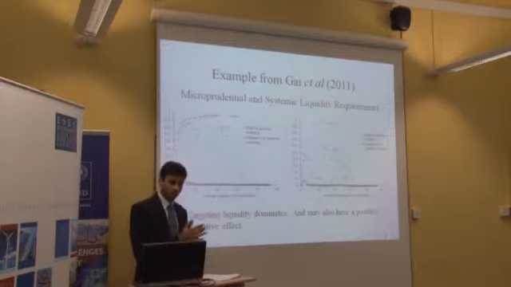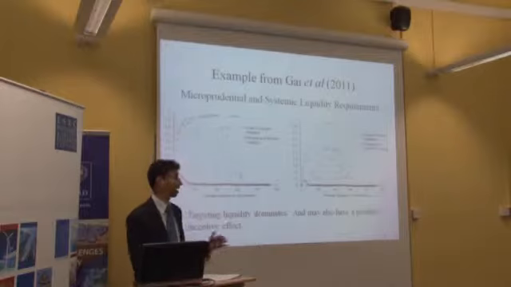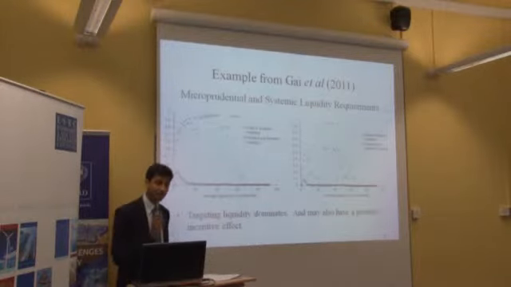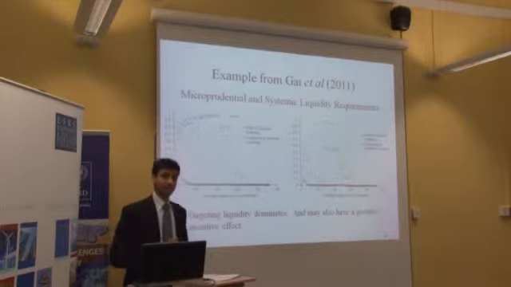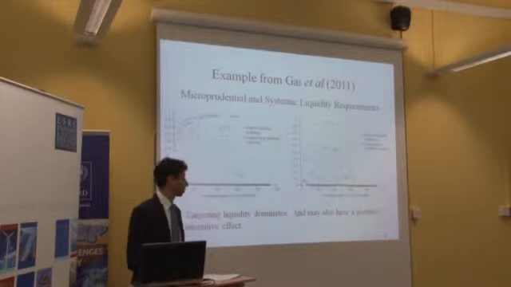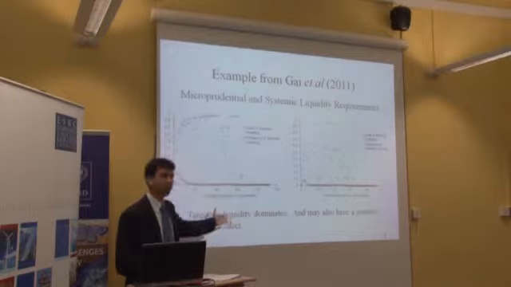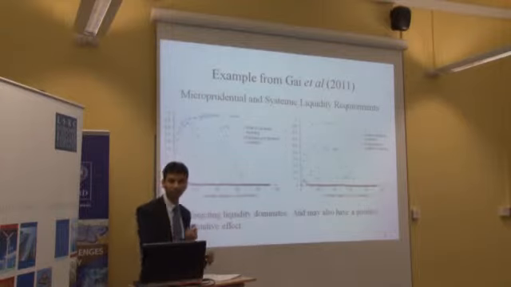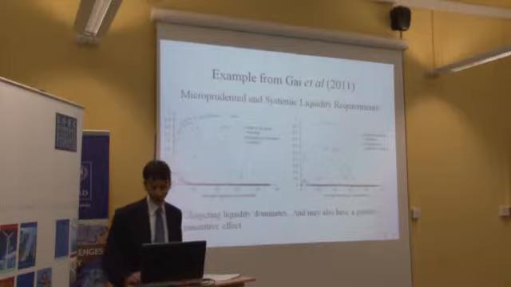Otherwise, it's the same amount of liquidity going to the system, but it's targeted. So again, this is like the targeted vaccination idea. Targeted liquidity dominates. The difference here is that with vaccination, it might change behaviour a bit, but if I put higher liquidity requirements on banks, to the extent that those are costly, they might also have a positive incentive effect and encourage those banks to become less connected and less systemically important.